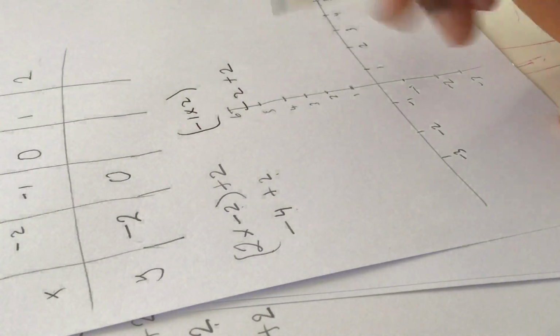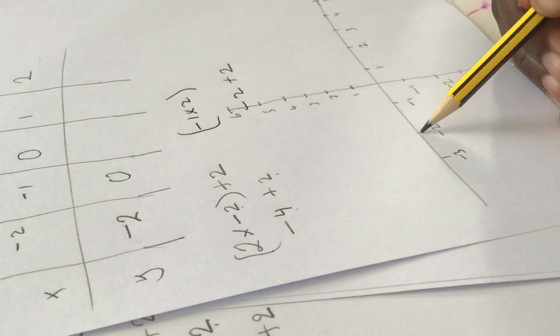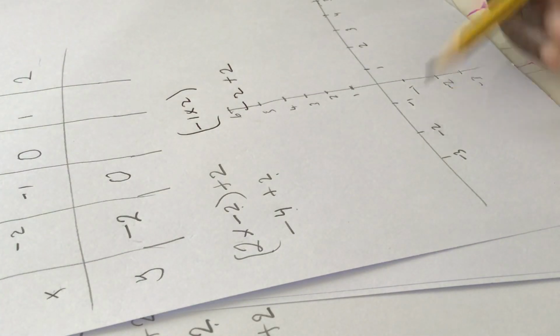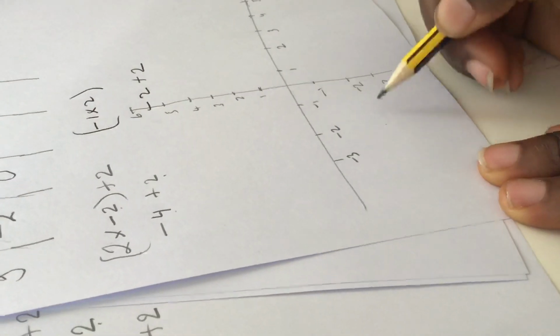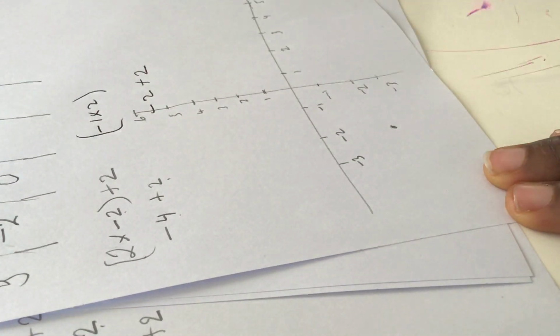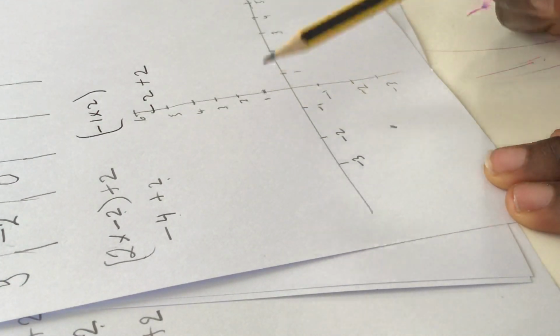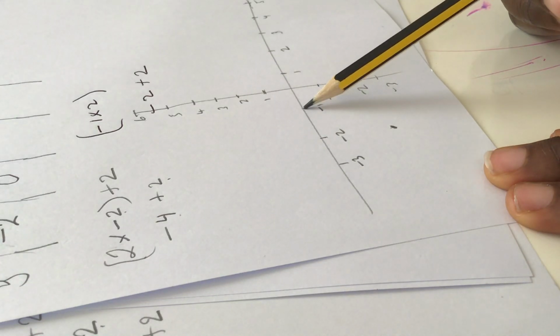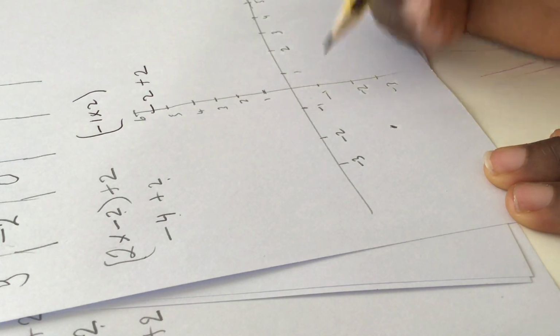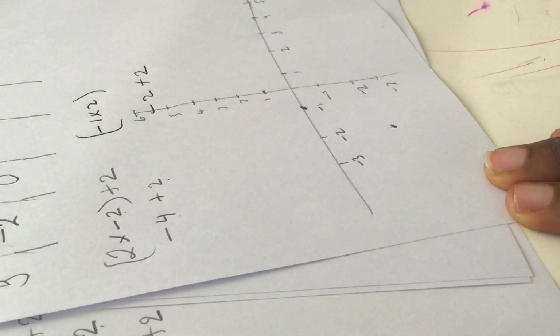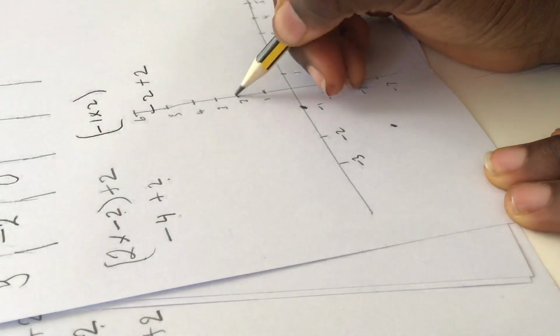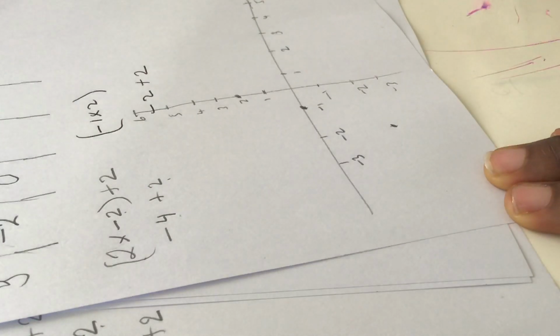So now you go to the first one. When x was -2, what was the value for y? -2. So you find that spot and you put your dot. When x was -1, what was y? 0. Good. So you put a dot over there. When x was 0, y was 2. Good. When x was 1, y was 4.